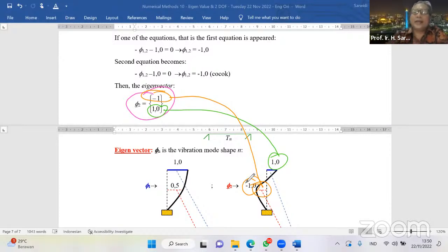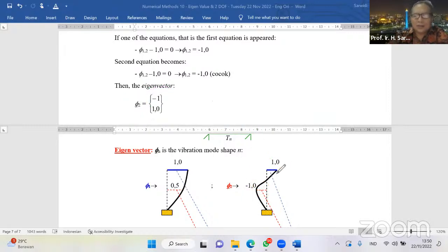If the roof moves 1 meter to the east, then the second floor moves 1 meter to the west, because this is the comparison.